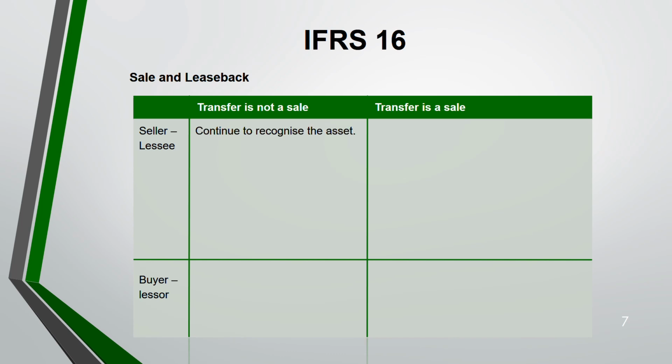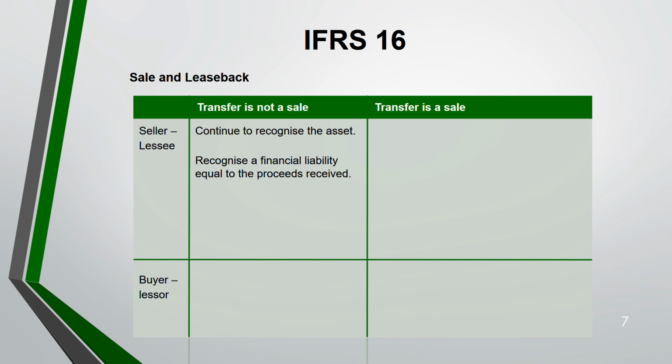Okay. If it's not a sale, the lessee, the seller is the lessee here, will continue to recognize the asset because it's not a sale. So they will recognize what? A financial liability. Why? Because they have to pay now. They have sold and they are leasing back.